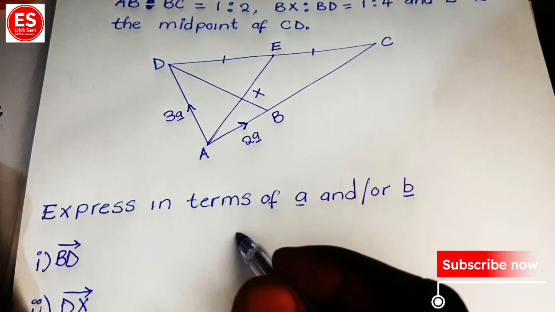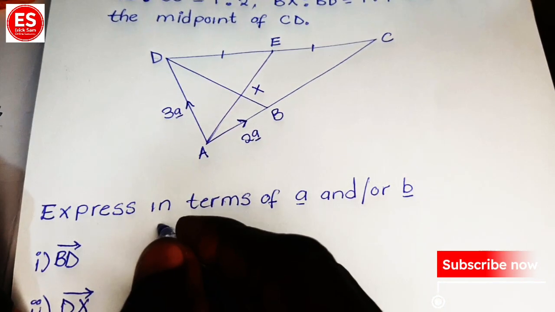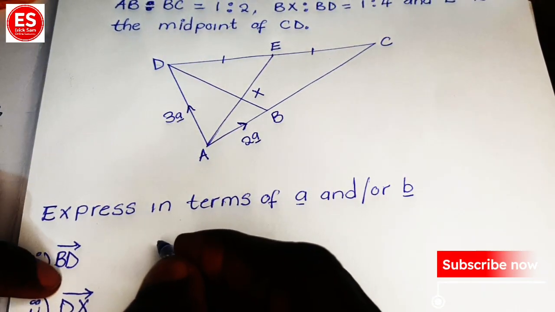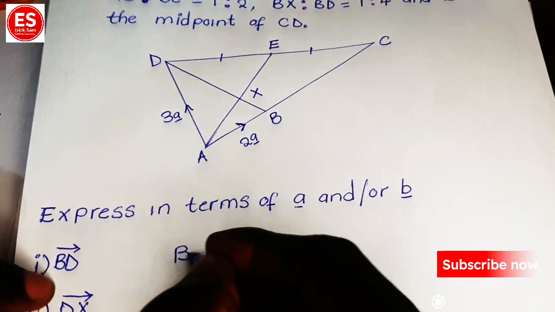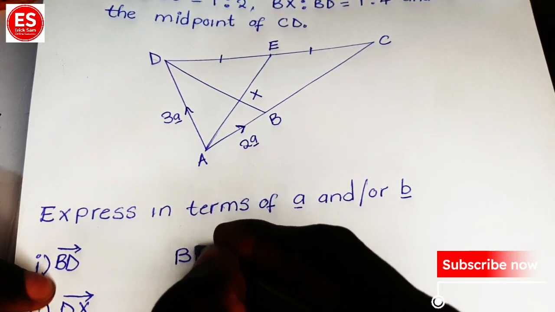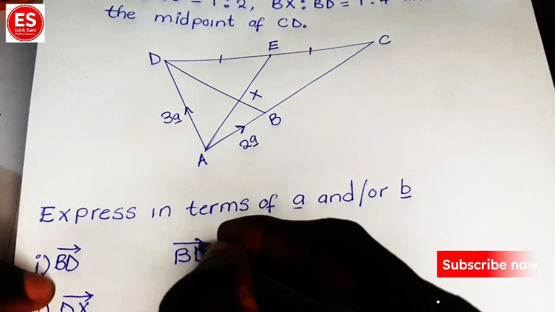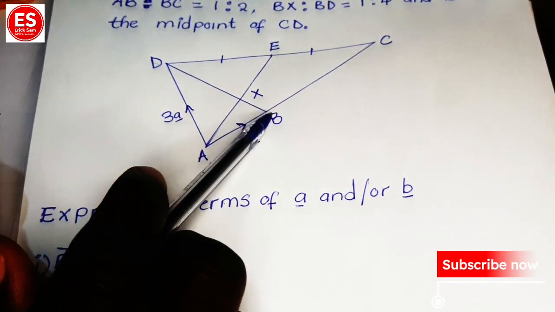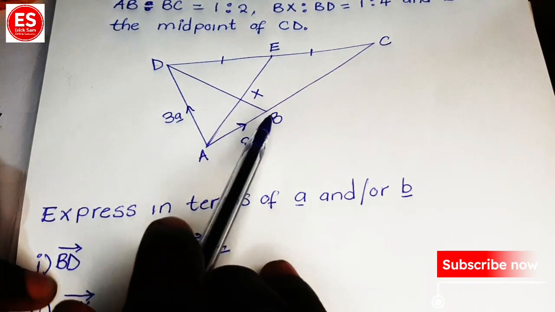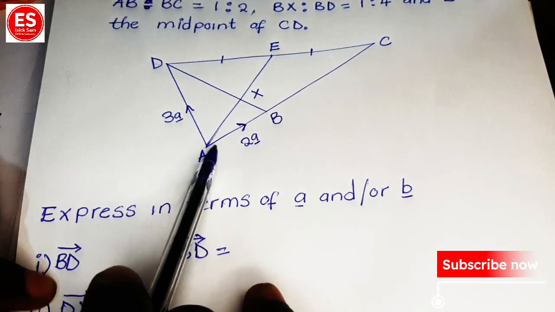To solve that question, let's start with the first one. We're going to say BD, B to D, is equal to, so for you to move from B to D, you can use this distance here.